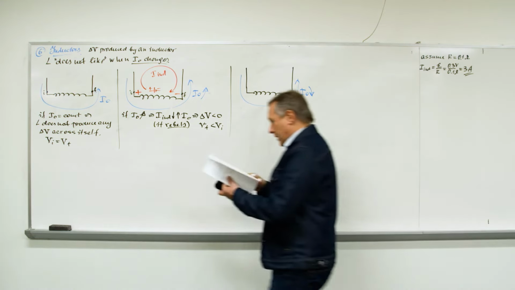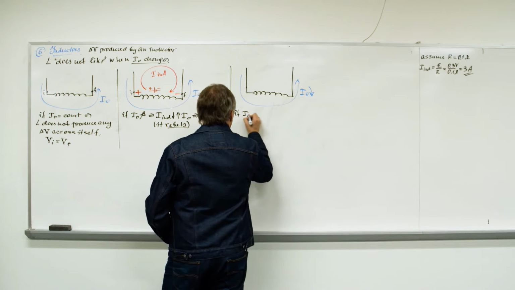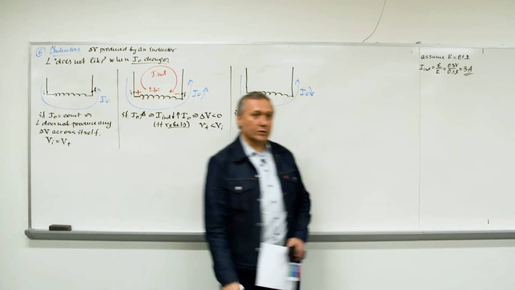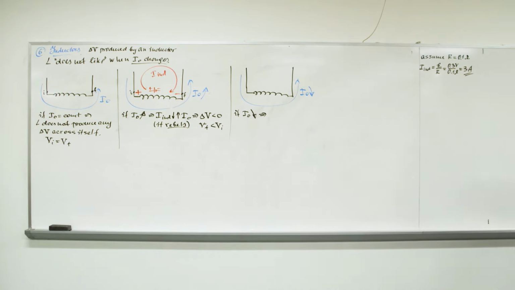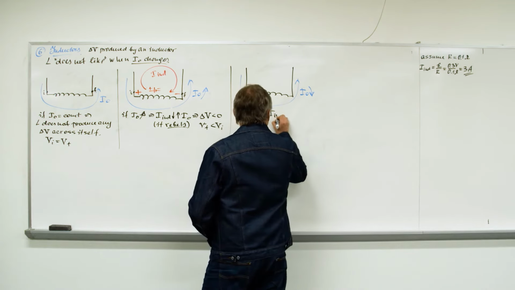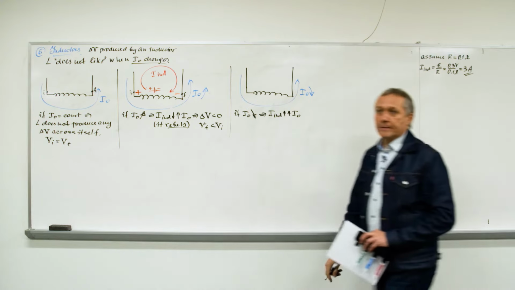Again, our inductor is not going to like it if I naught decreases, because it wants to keep current as constant as possible. So in this case, I induced will be in the same direction as the original current.